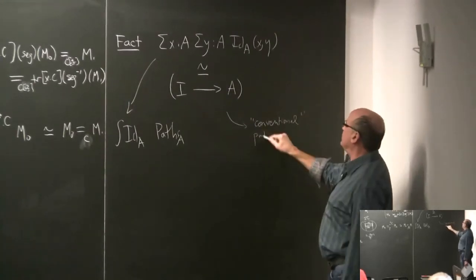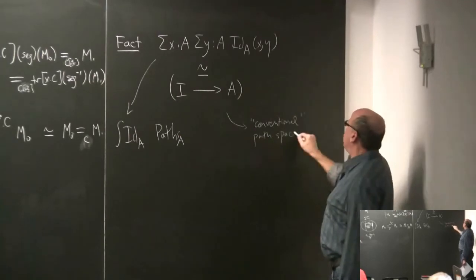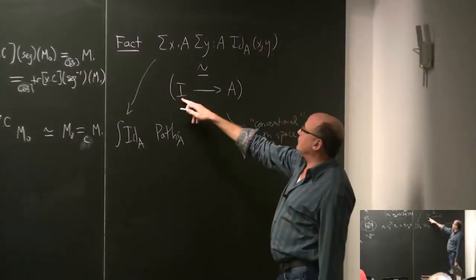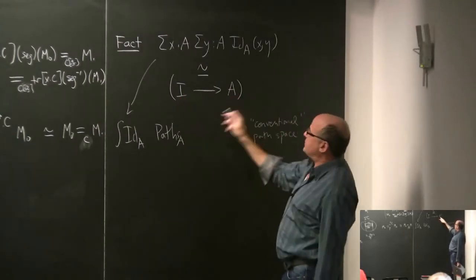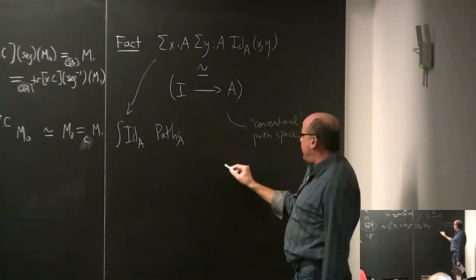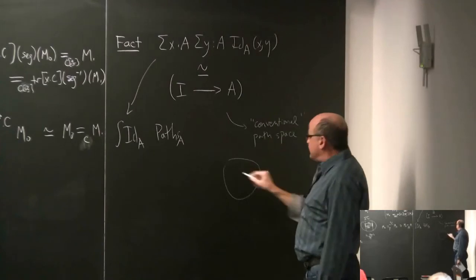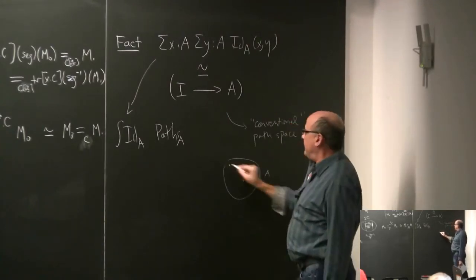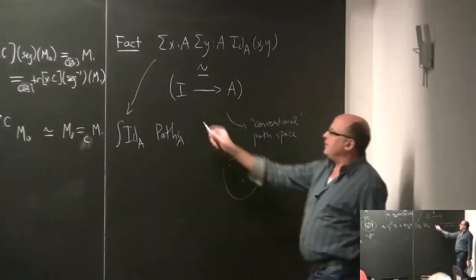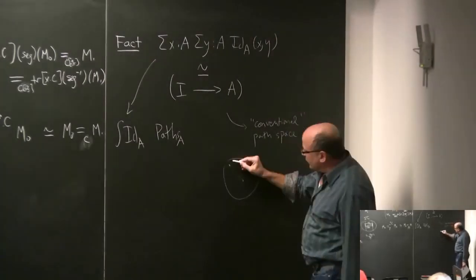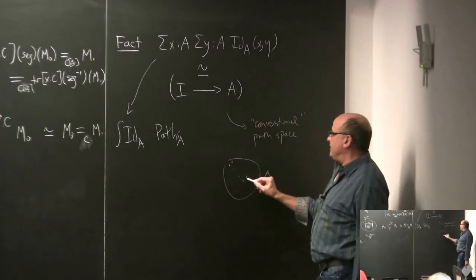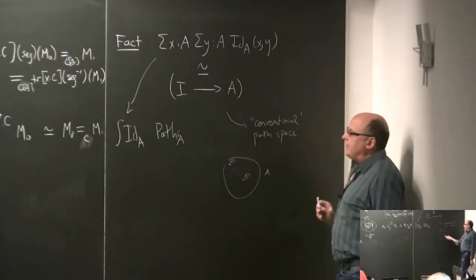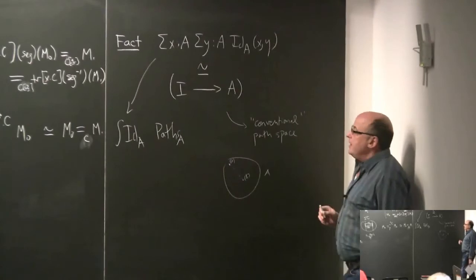It's a little problematic because conventionally, this would be a piece of the real line, and this would be maybe a topological space, and you're saying a path in A consists of a set of points, one for each thing in the unit interval, where this is the image of 0 and this is the image of 1, and you find that line in there.